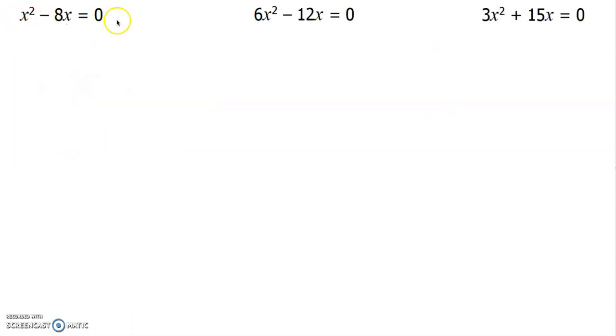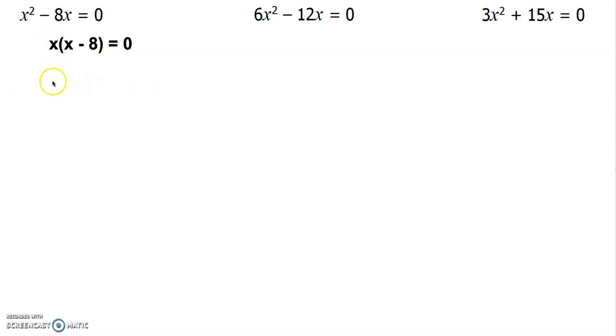Notice here, it's already equal to 0, so we can get ready to factor. But notice this isn't a trinomial. We have x squared minus 8x. Here we're actually going to factor by GCF. I'm pulling out an x, and I have x times x minus 8 is equal to 0. That doesn't change the zero product rule, though.